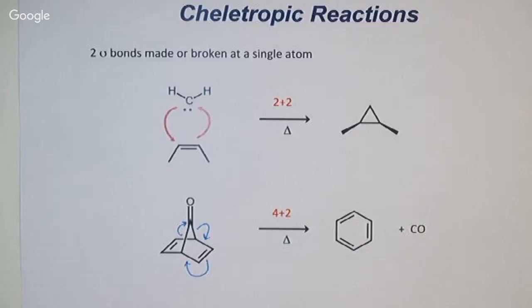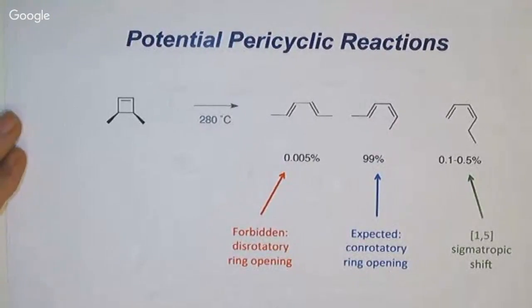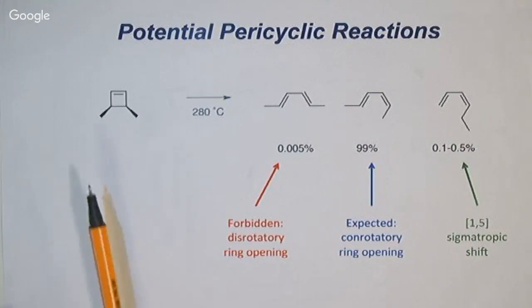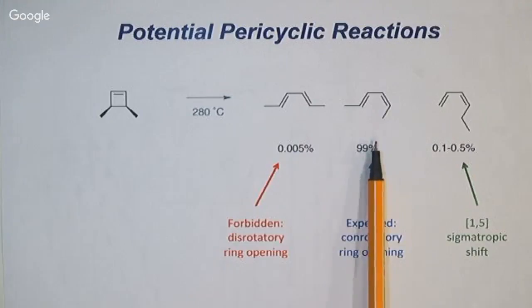All right, kind of the last topic for pericyclic reactions would be the idea of sigmatropics. So it turns out when you take 3,4-dimethyl cyclobutene and you heat it up, you get what you would expect, a conrotatory ring opening reaction.